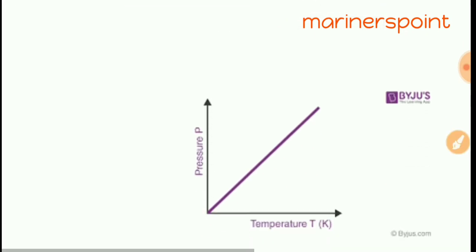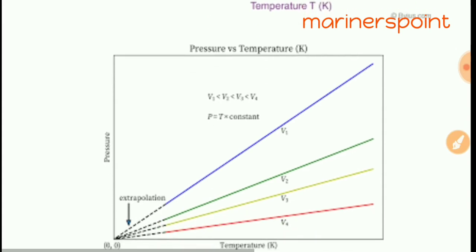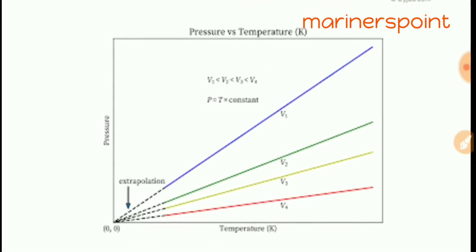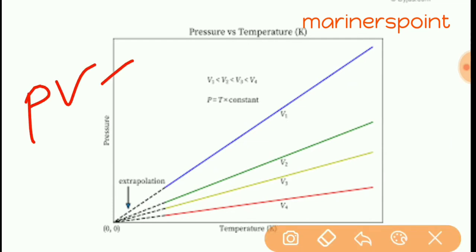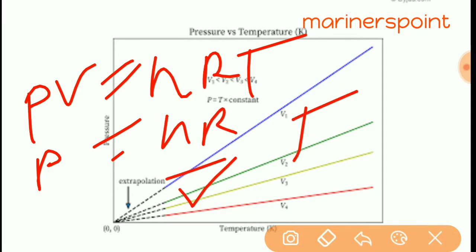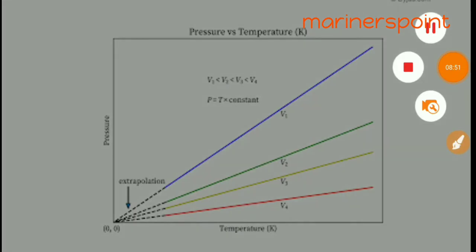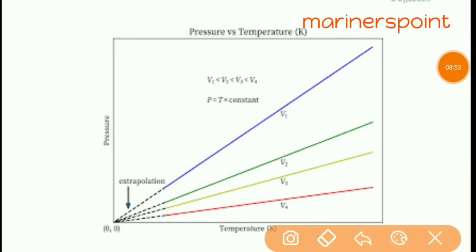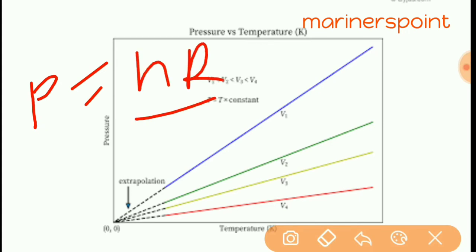Okay, similar. Now PV = nRT, then P = nR/V into T. We have this relation, and nR/V is a constant value.